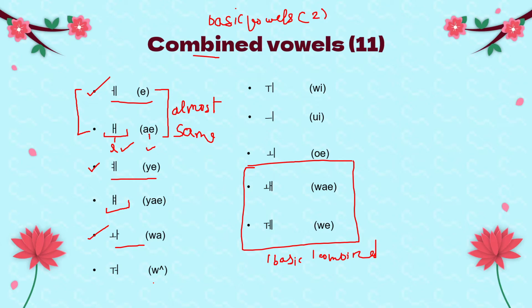That will take a lot of time, and that's not better. If you memorize them perfectly, you are going to say yes, this is wa. You don't need to think O plus A. Simply wa. I recommend memorizing. Do not be dependent upon which basic letters it is combined with.